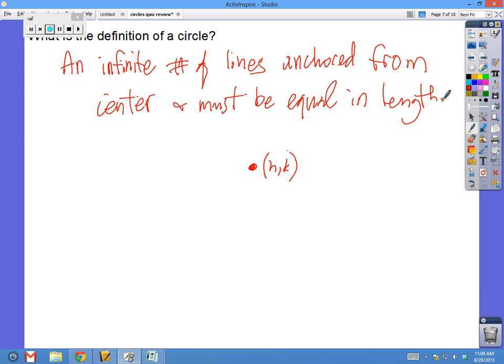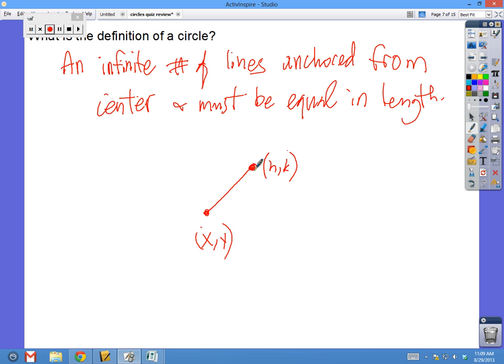They all have to anchor to some (h, k), and they all have to be the same size, the same length. So look, draw a few of them. If you go from here to here, this endpoint is in space. We're going to label it some x and some y.